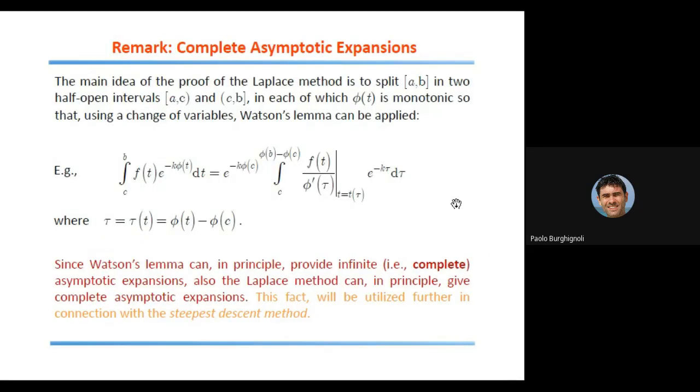Now, an important remark is that this procedure is actually capable of giving you the complete asymptotic expansion.